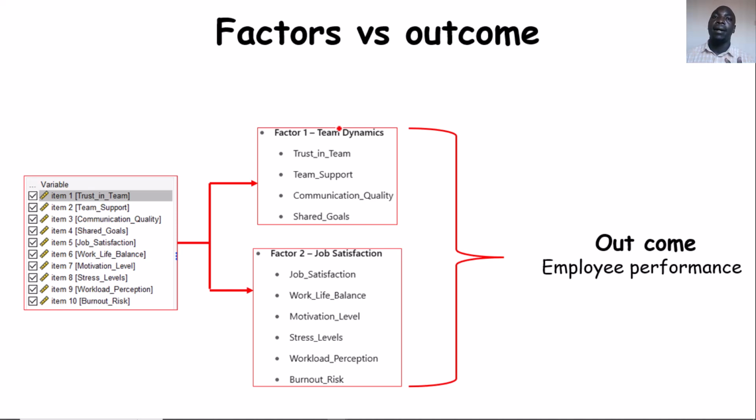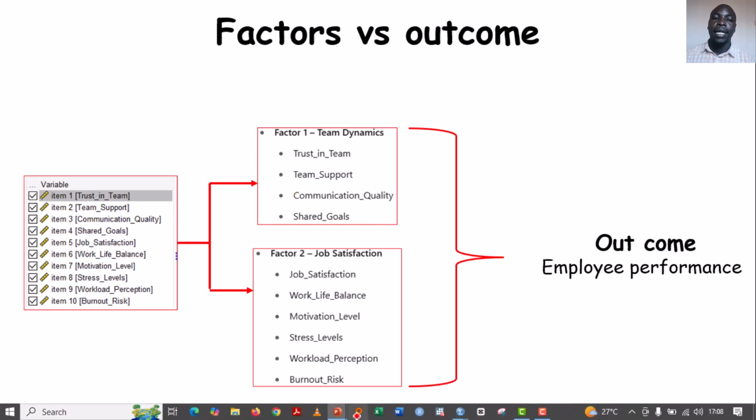Now, we have 2 approaches that you can use to create overall scores from the different items or variables constituting a factor. The first one is the composite score, which comes by default in SPSS.